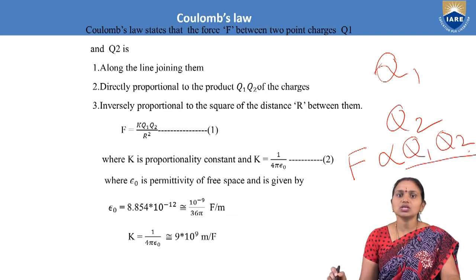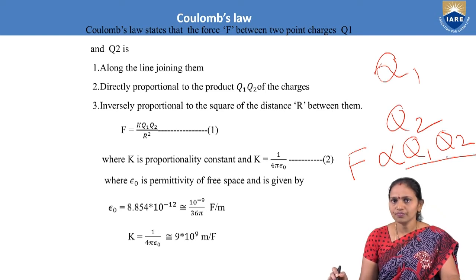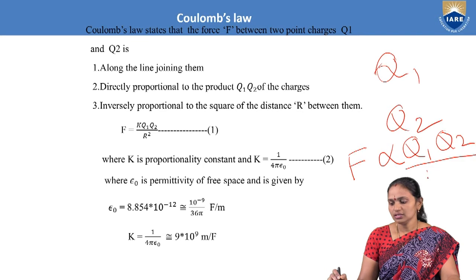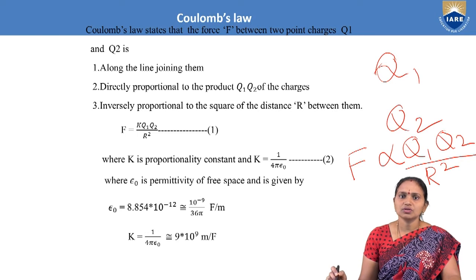Here both the charges are Q1 and Q2. Force is directly proportional to the product of charges Q1 into Q2, and it varies inversely with the square of the distance between them. Here the distance between both the charges is R, and force is inversely proportional to the square of the distance between them.